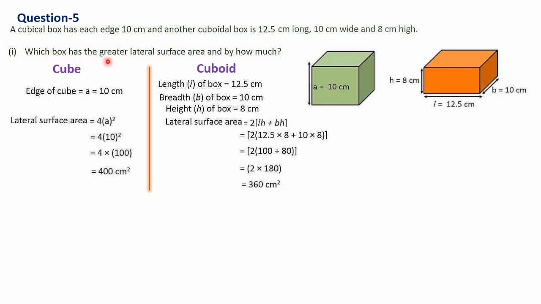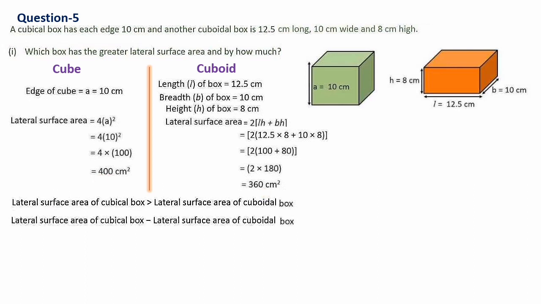So which box has the greater lateral surface area? Here the lateral surface area of cubical box is 400. That means 400 is greater compared with 360. So lateral surface area of cubical box is greater than the lateral surface area of cuboidal box.